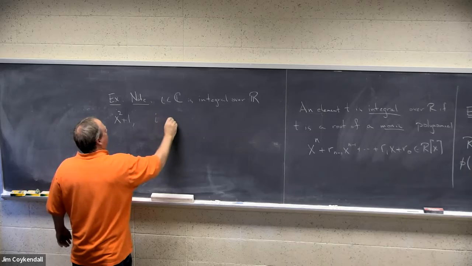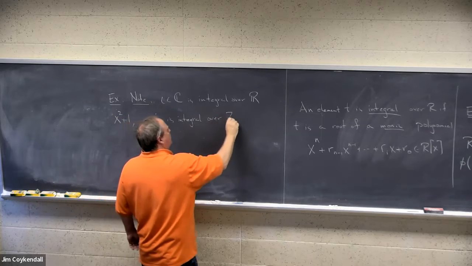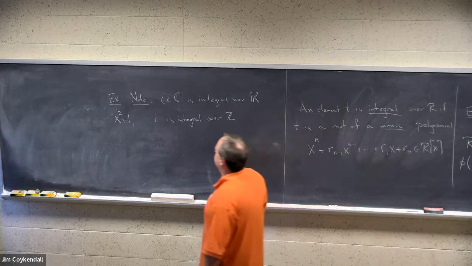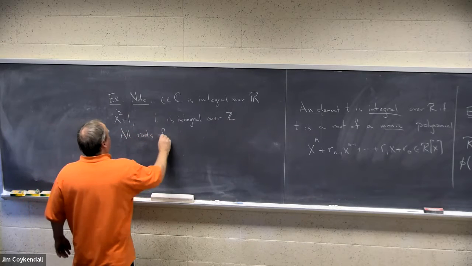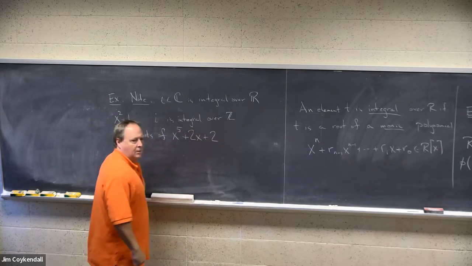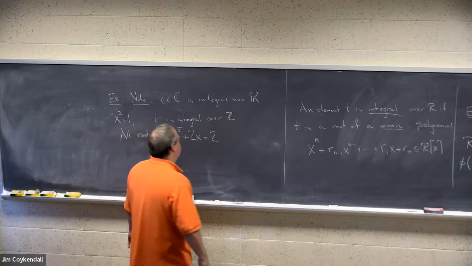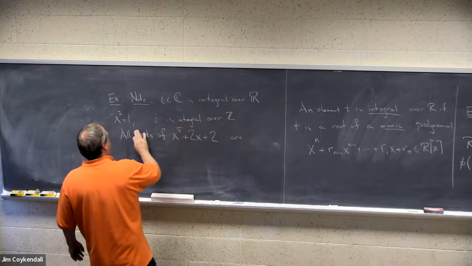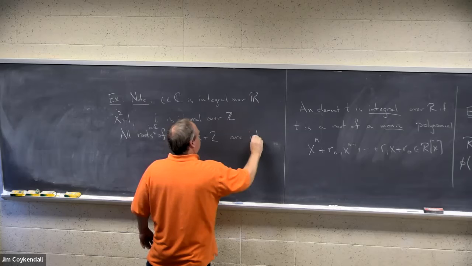And in fact, i is integral over Z. All roots of x to the fifth plus 2x plus 2, which I know is irreducible because this is an Eisenstein polynomial, all complex roots, are integral over Z.